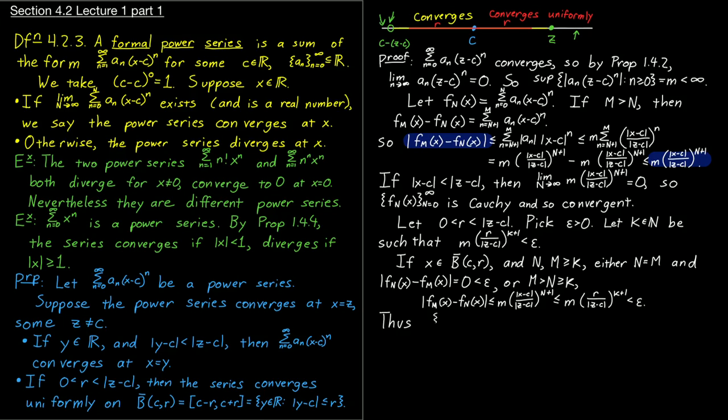Thus, this sequence is uniformly Cauchy on our little interval, on B bar of (c, r).